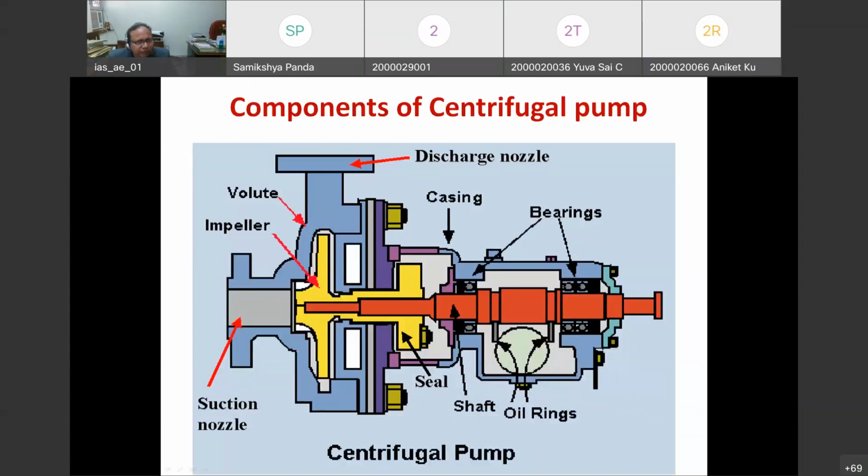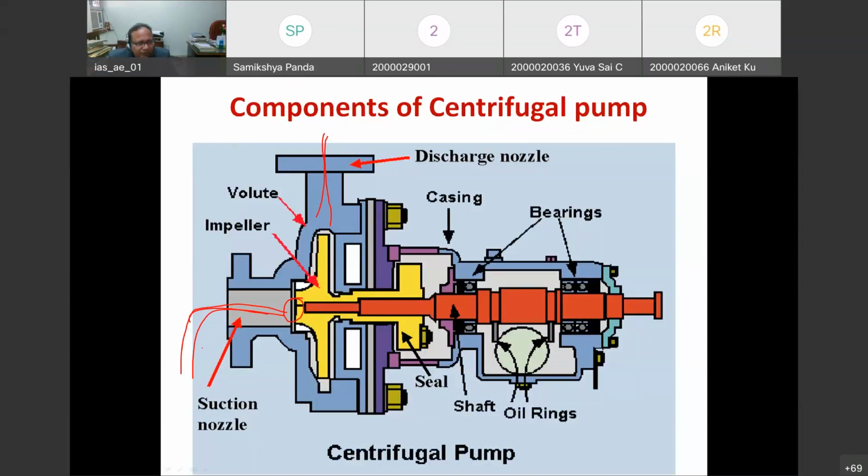Here you see, this is a cut section of a centrifugal pump. This is the discharge area into which water goes, and the water comes through the suction line. This is the suction line, and this is the eye of the impeller.